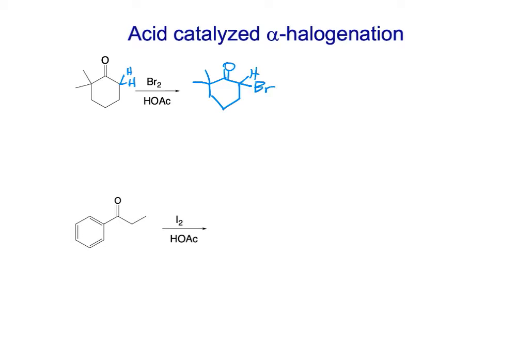Like we might expect, the first step of this mechanism under acidic conditions is protonation of the carbonyl oxygen. In this example, we're using HOAc, and this is just a shorthand for acetic acid. Remember, acetic acid is the component in vinegar.